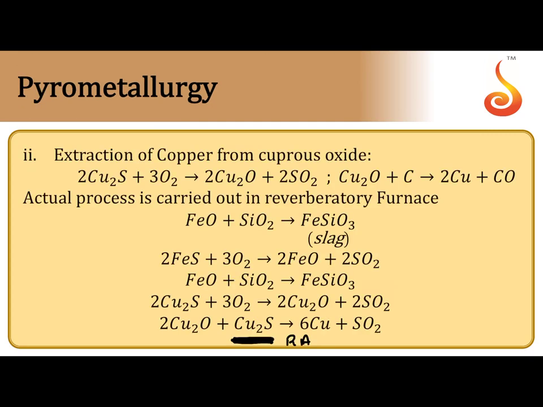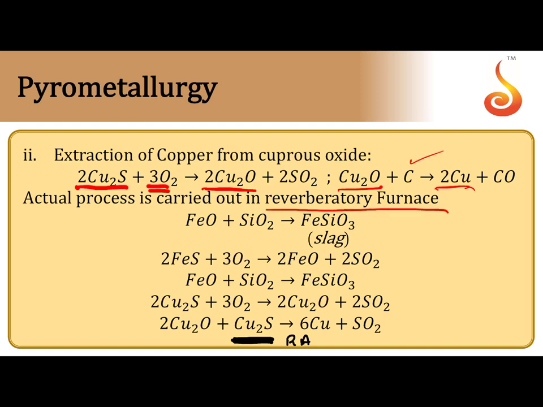Extraction of copper from cuprous sulphide is a specific method. Copper sulphide, on heating with oxygen, gives copper oxide. This copper oxide, when reduced with carbon coke, gives copper. The actual process is carried out in a reverberatory furnace.